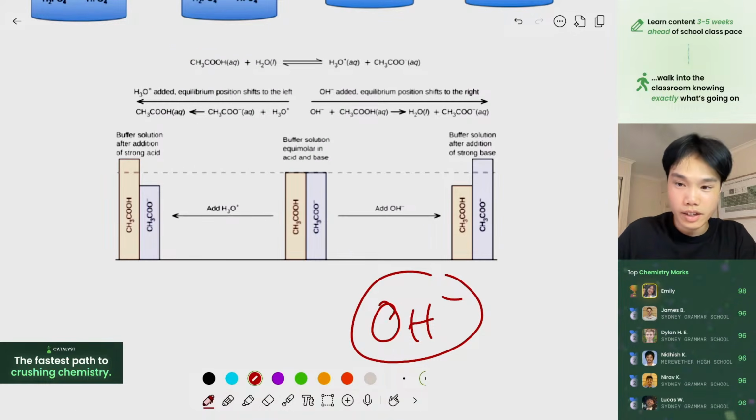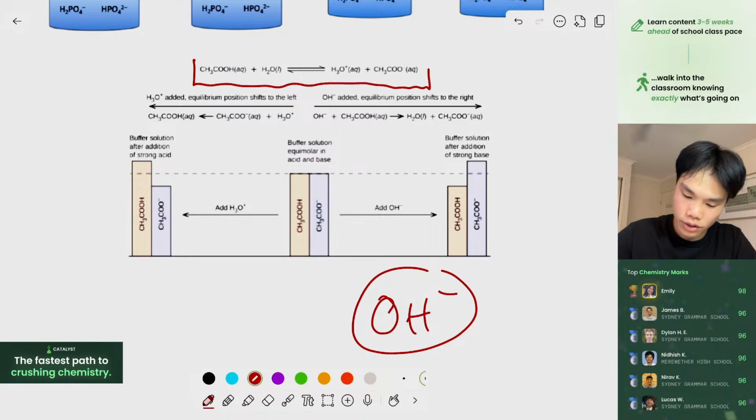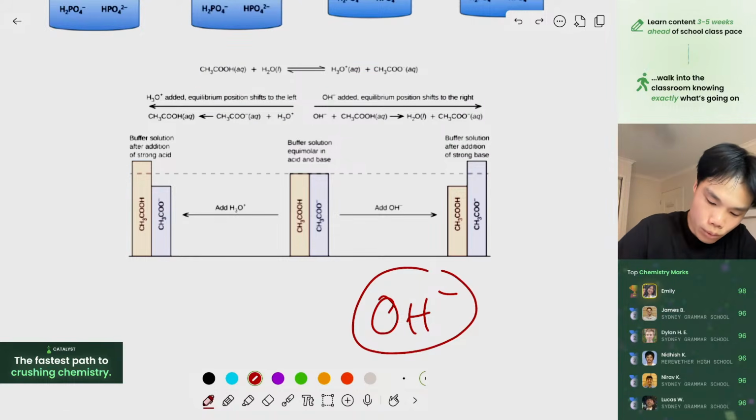Okay. So the first thing that you should note, if you add hydroxide, what will react with the hydroxide? We can talk about it in terms of this equation, or we can talk about it in terms of this equation instead.